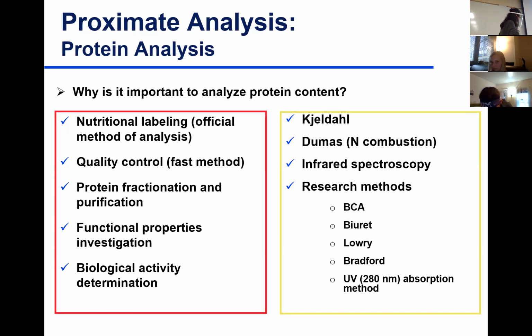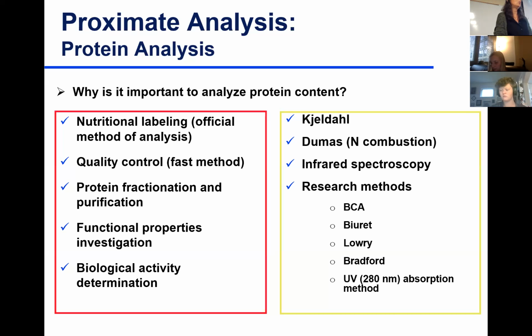Okay, so the other reasons are mostly for research purposes, analytical purposes. And also if we want to claim any biological activity. Well, this is not necessarily for research. If you have an enzyme, an enzyme is a protein, right? So if you have an assay and you need to use an enzyme, you need to determine how much enzyme you use.